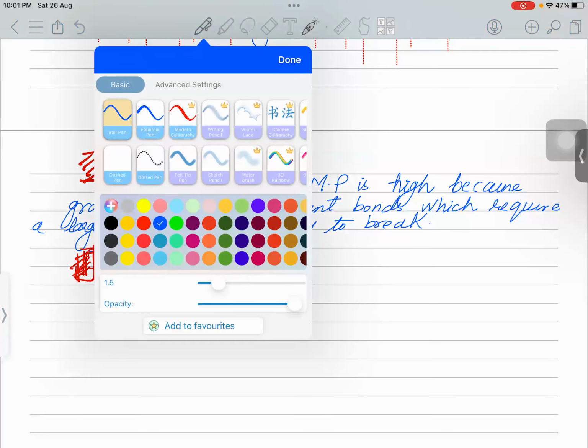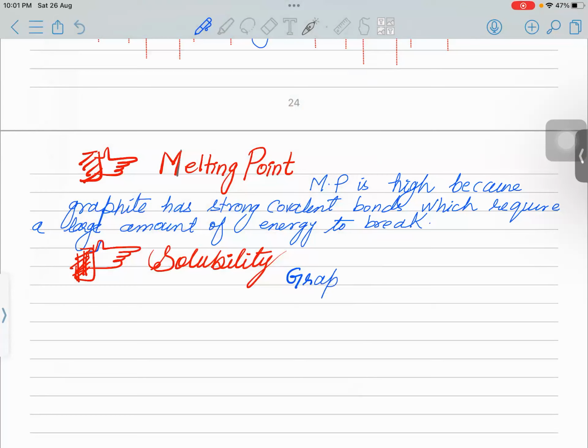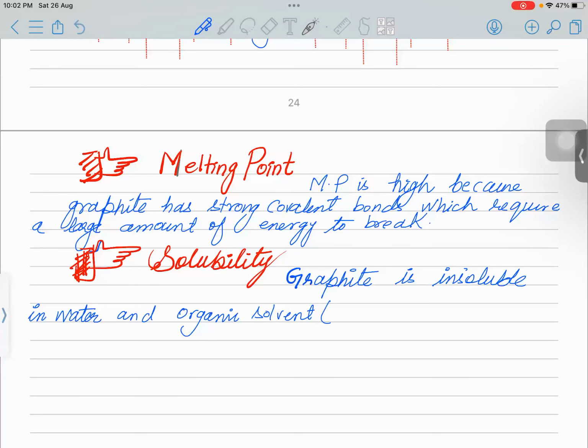Graphite is insoluble in water and organic solvents. Sir, what is an organic solvent? Organic solvent means ethanol, in which we have carbon. Ethanol, methanol, right? We will discuss organic chemistry later.